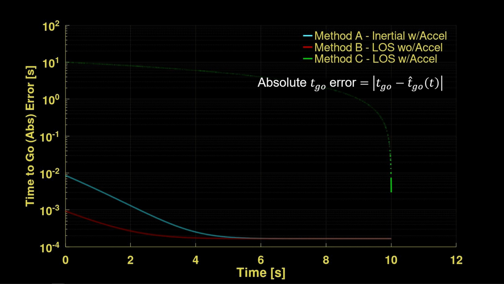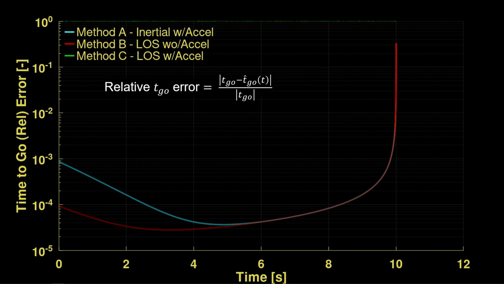In addition to absolute error, it's also interesting to examine relative error, which is essentially absolute error normalized by time to go. If we were to multiply by 100%, this would just be percent error. We see methods A and B are accurate to within 1 part per thousand, up to the last fraction of a second, where we observe the relative error diverge.